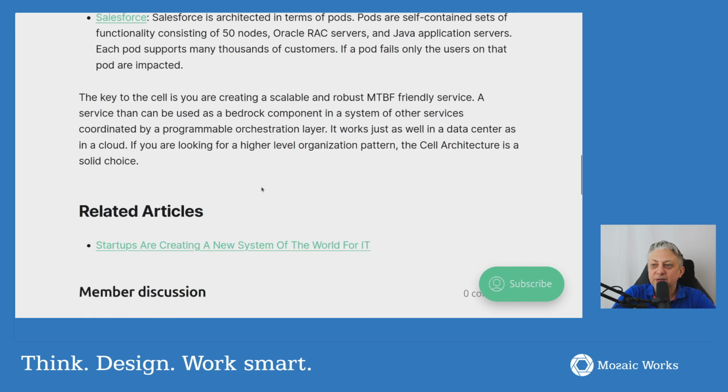The key to the cell is you are creating a scalable and robust MTBF, so mean time between failures, friendly service. Mean time between failures is a very important indicator in reliability and resilience. So basically what it means is, on average, how long until the next failure. Because remember, if you are mostly used to programming and not so used to architecture, this might come as a shock, but things fail all the time.